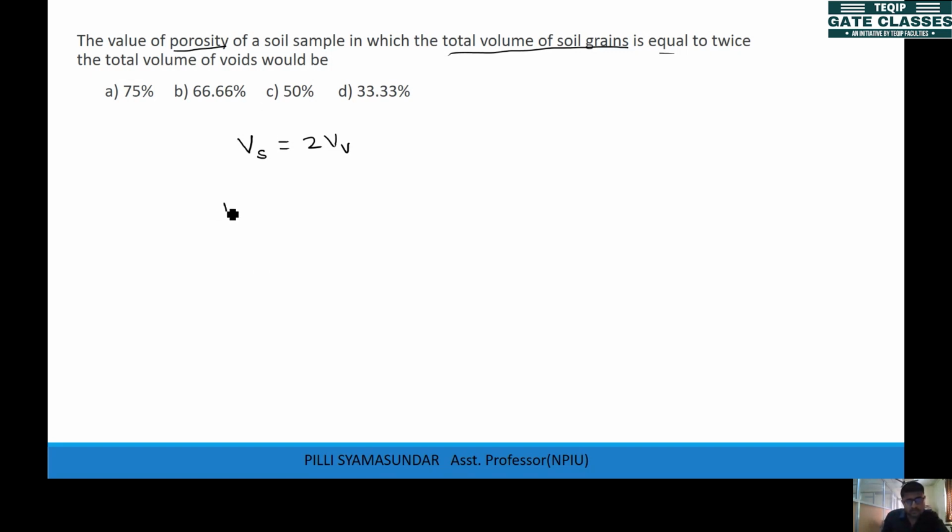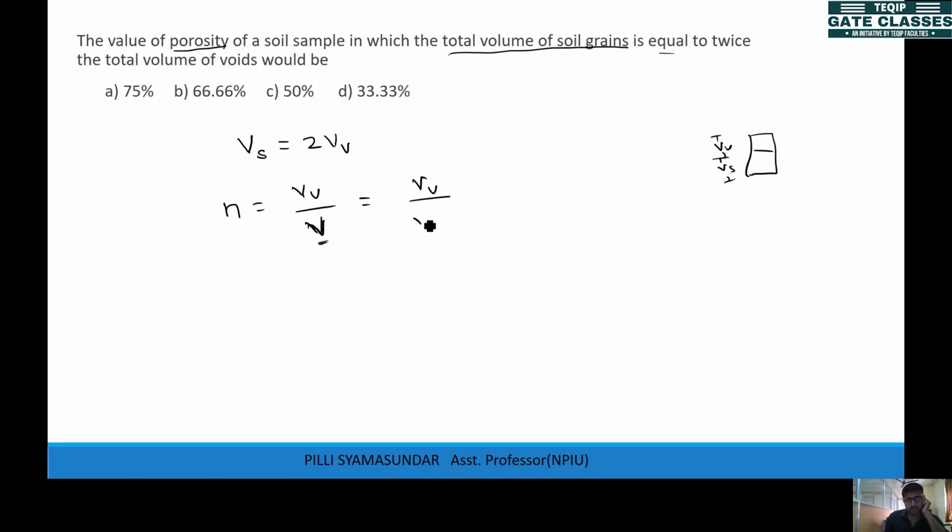So what is porosity? n is equal to volume of voids by total volume. It's not void ratio. If it had been void ratio, in the denominator we would have the volume of solids, but here it is porosity, right? So this is the total volume. Let's represent the volume of voids as Vv, and the total volume is actually solids volume plus voids volume.